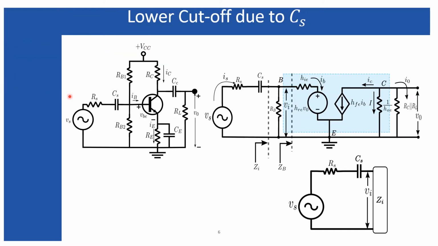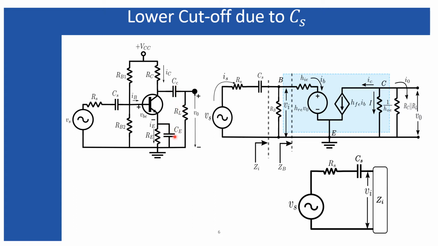At first, I'm going to consider the Cs, which is connected with the source resistance Rs in series. And as I told in my previous slide, while I am considering one capacitor for my analysis, the other two capacitors I will consider as shorted.